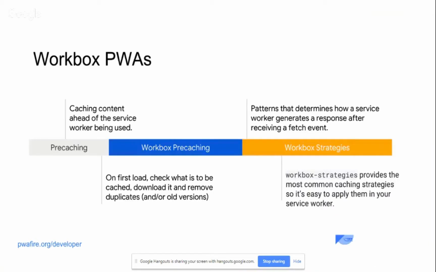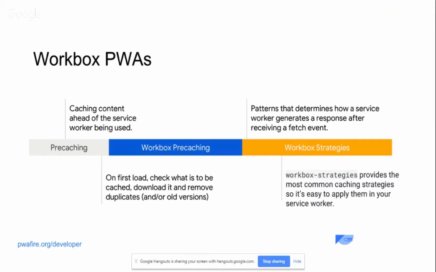So today, we are just going to look at the offline part of progressive web apps and how to cache best. And that means you're going to look at three things. When you're thinking about offline first while building with Workbox, we're looking at precaching, then Workbox precaching, and then Workbox strategies.